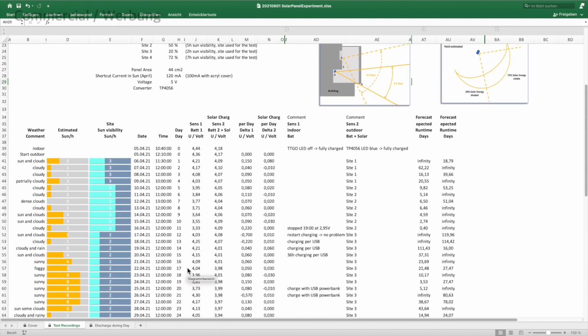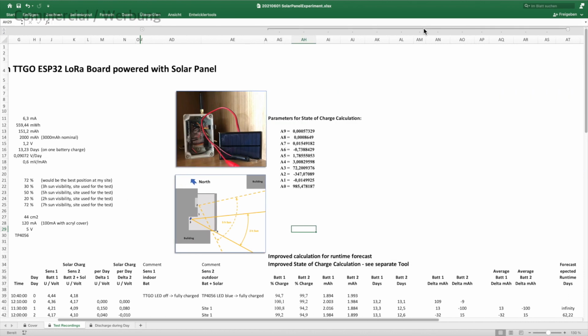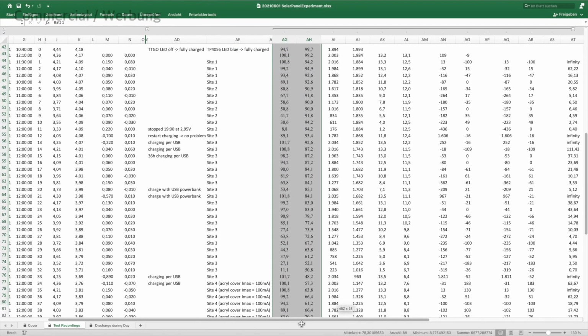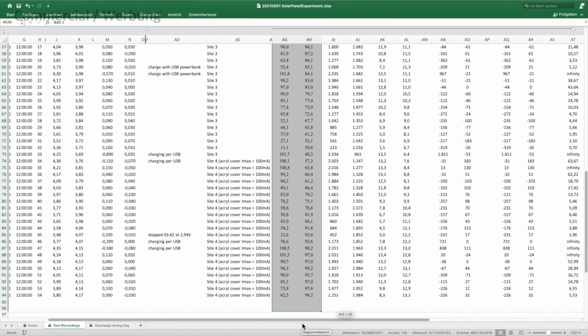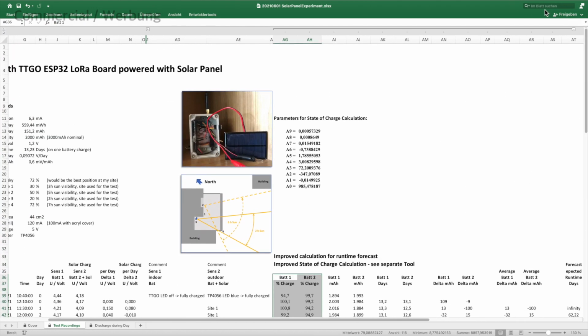Our tools sometimes have some hidden Easter eggs, like this one. We applied this method here to calculate the state of charge of the batteries that we were observing. And on the top here you find the parameters that have been used for this.